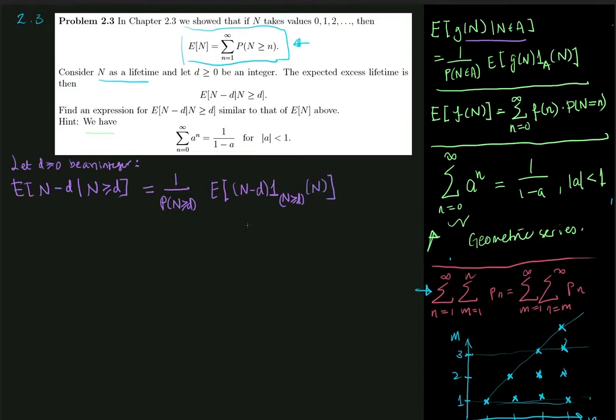So the mean of n minus d multiplied by an indicator function. The 1 over the probability that n is greater than or equal to d can just rest out here on its own.